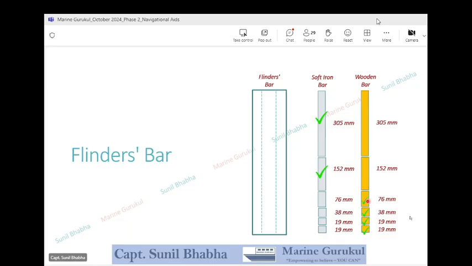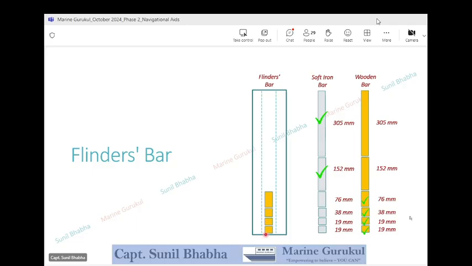So you see all these pieces with a green tick mark, other than the ones which are required. Other than 305 and 152, he will pick up all the wooden pieces, 76, 38, 19 and 19. And he will drop these pieces in the flinder bar casing.